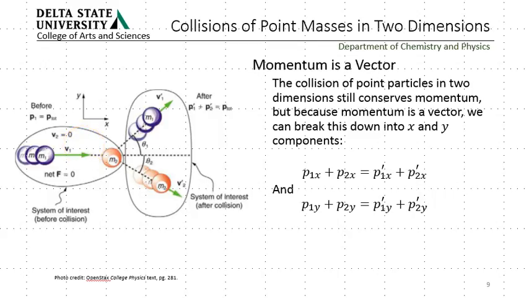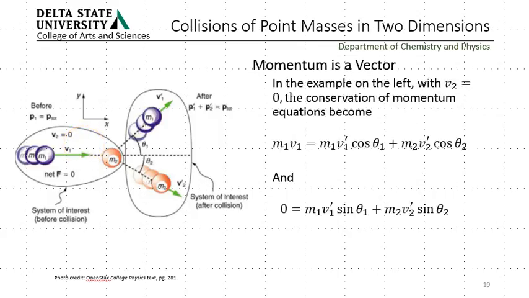If we look at this a little bit more in terms of the numbers, the momentum of M2 was 0 altogether at the beginning, so we have M1 V1. M1 V1 prime after the fact, cosine theta 1, and M2 V2 prime cosine theta 2, and then we have a second equation with the sines. So the x components all add up.